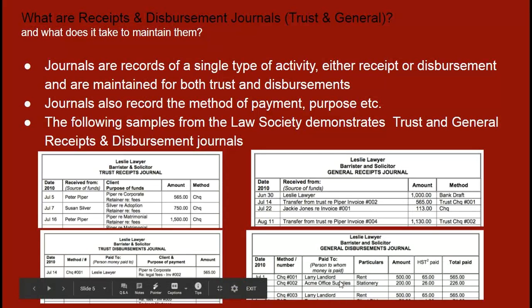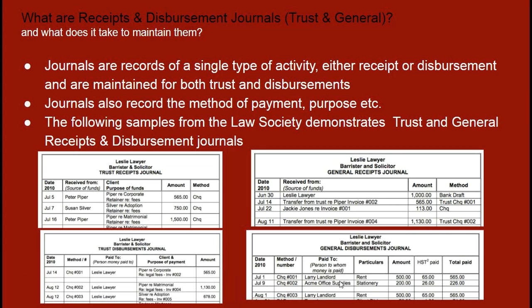But if you focus your attention on the General Disbursements Journal, and this is very important, because you as a law firm may have a lot of disbursements that are being paid off the general account. Now you're divvying it up by the date, the method, and who this particular item was paid to, so why was this money leaving the general account?